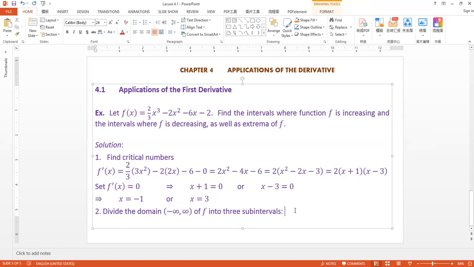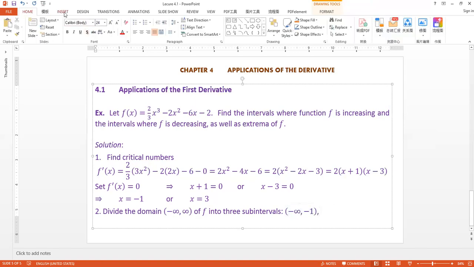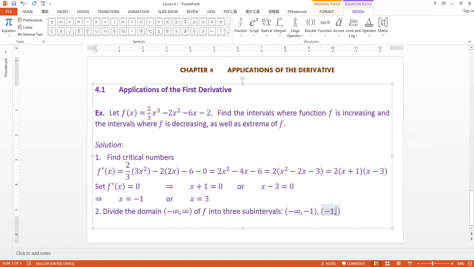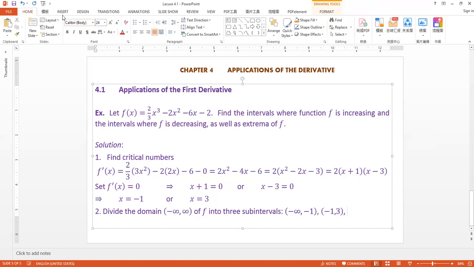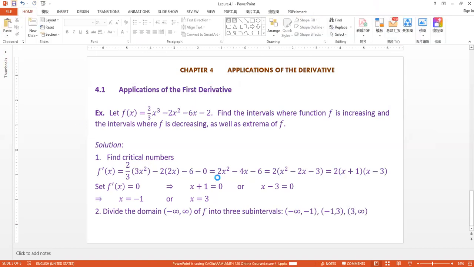So if you use those two critical numbers, -1 and 3, they will divide the whole domain into 3 regions, namely the interval of -infinity to -1, the interval of -1 to 3, and the interval of 3 to infinity. Okay, so that's step 2.